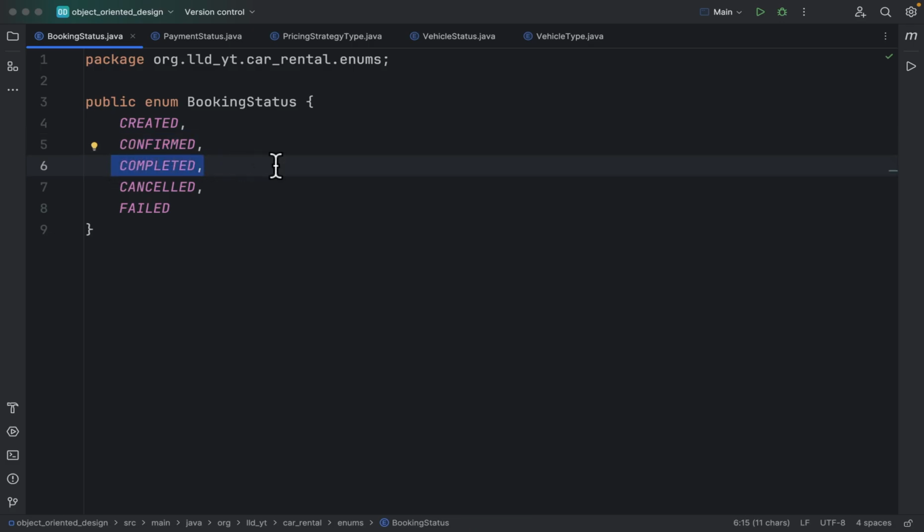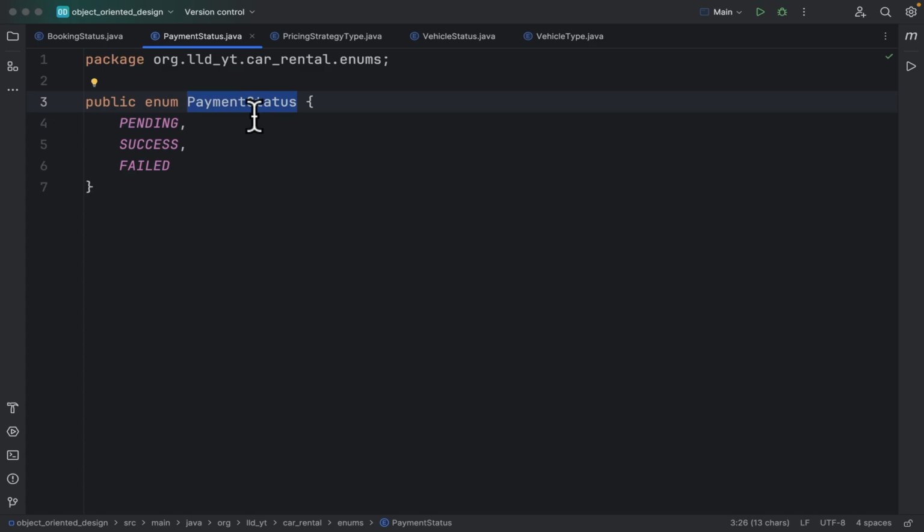When I submit the car to the drop location, the booking would be completed. If I was unsuccessful while paying, the booking would be failed. And if I change my mind and cancel the booking, then it would be in the cancelled state. I have not added the functionality for the cancelled state because the main goal of this problem is to book the vehicle and submit the vehicle.